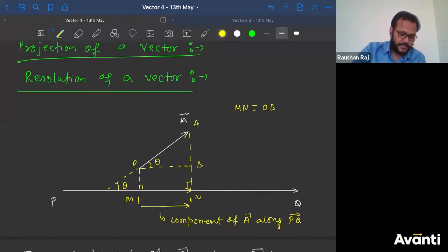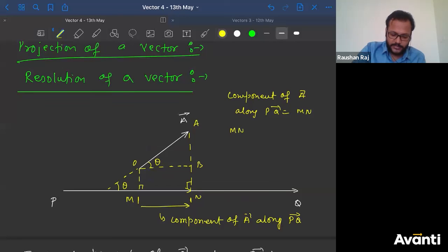Okay, MN is equal to OB, and let me write it here. Component of vector A along PQ is nothing but MN, and MN is equal to OB, and OB can be written as OA cos theta, right? OA cos theta.